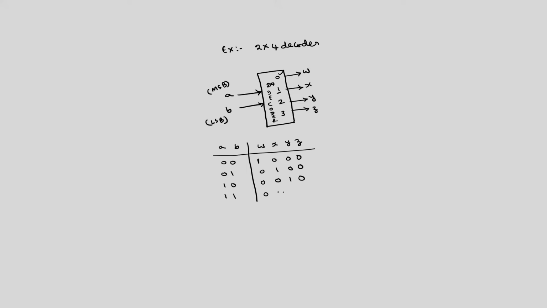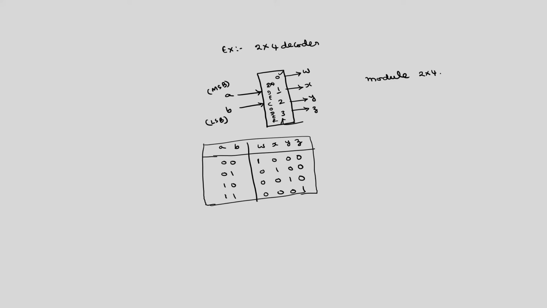For 1 1, Z is selected. This is the truth table of 2 to 4 decoder without enable signal and uses positive logic. If I know this operation, it is enough to write the Verilog code. Whereas in case of gate level or structural modeling, we should know the internal circuitry of this block.